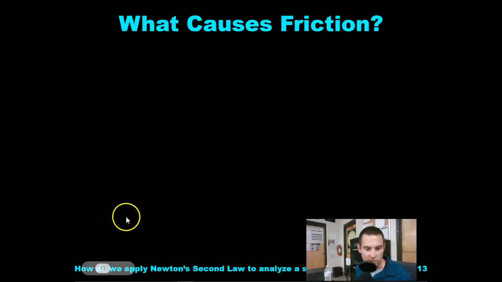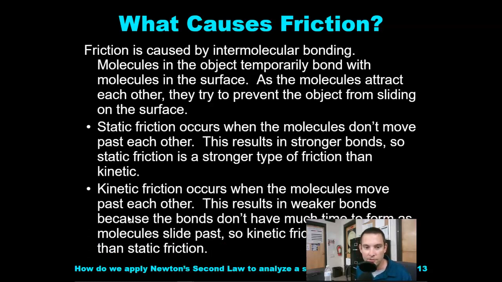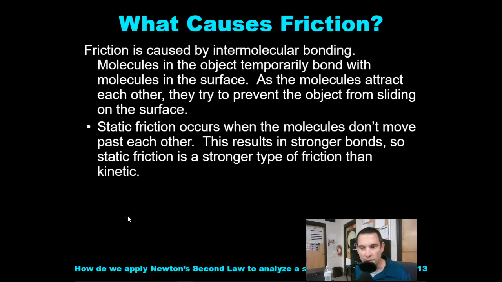So what causes friction? Friction is caused by intermolecular bonding. Molecules in the object temporarily bond with molecules on the surface. As the molecules attract each other, they try to prevent the object from sliding on the surface. Static friction occurs when the molecules don't move past each other. This results in stronger bonds.